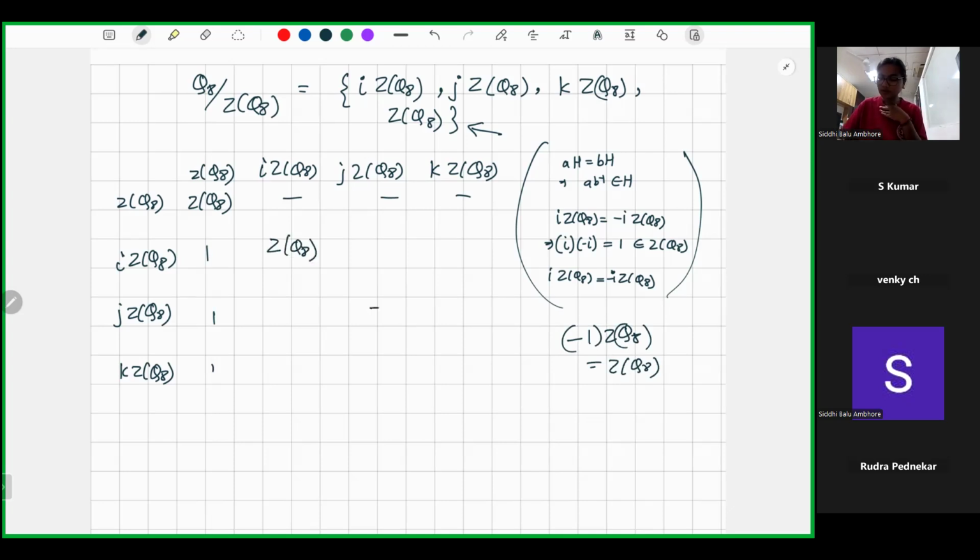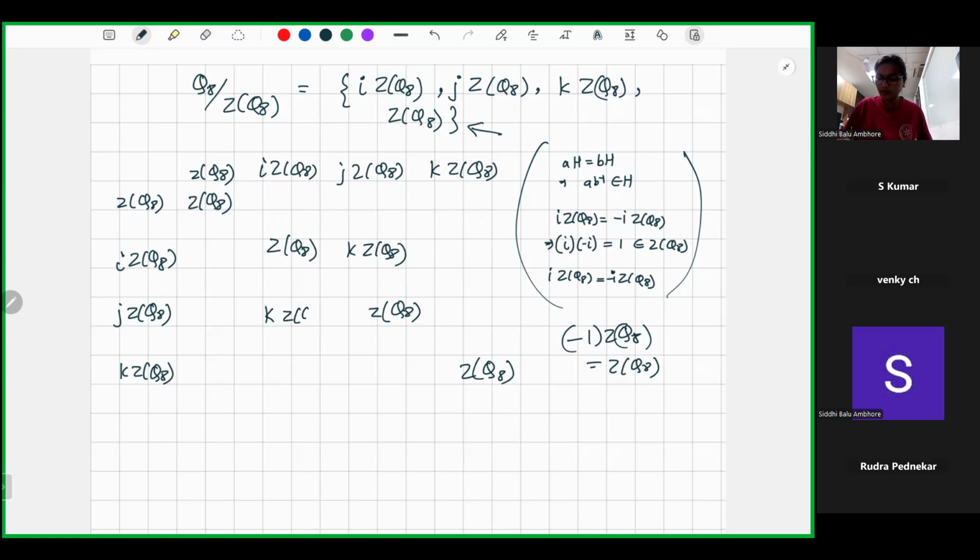Similarly here also, I will get ZQ8. Similarly for K square, again I will get -1, and this is equal to ZQ8. Now I into J was my K, if you remember, so this is K ZQ8. I think now you got the idea what exactly is happening here. Again, J into I was minus K, but minus K is my K in this quotient, so it is again K ZQ8.